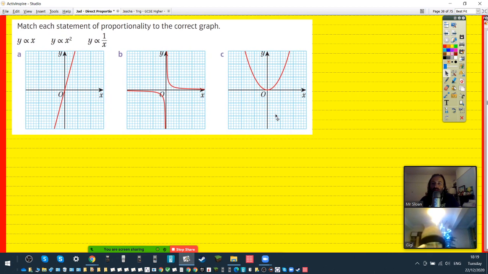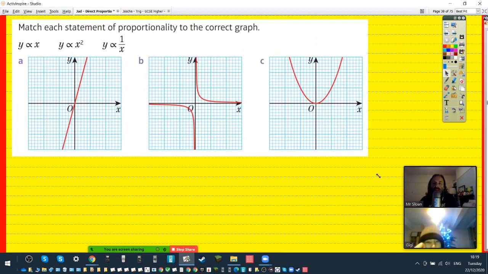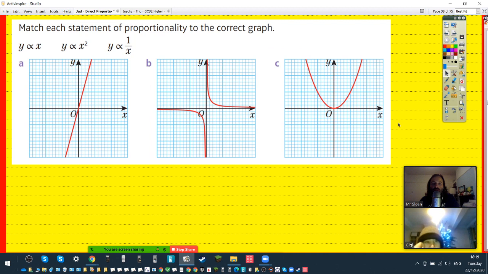This constant of proportionality just means is proportional to. And so which matches with which?